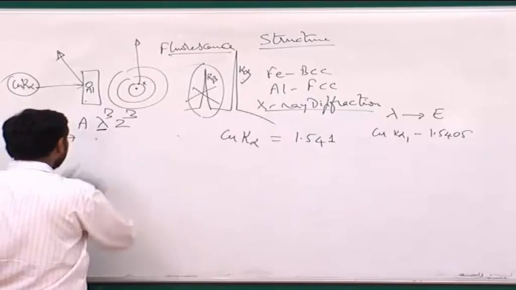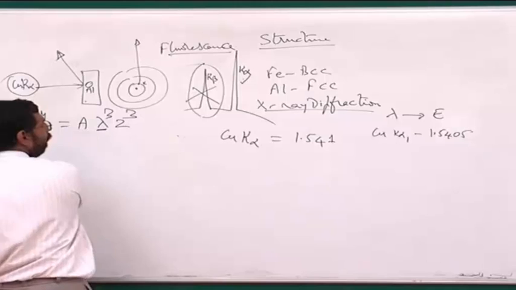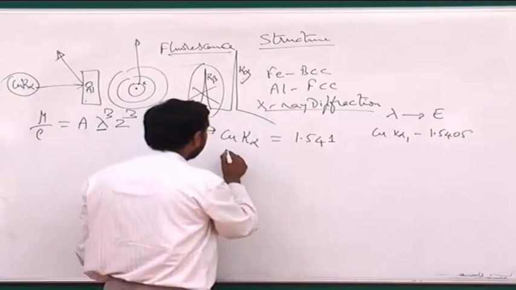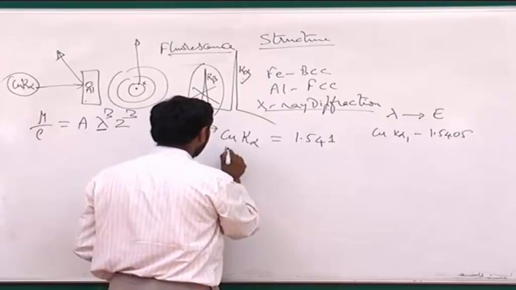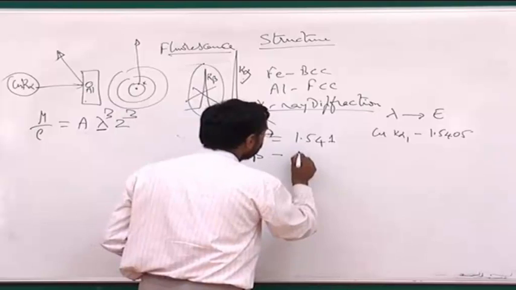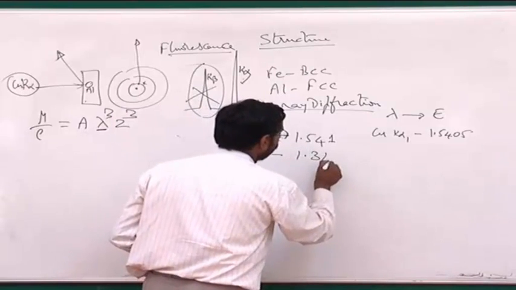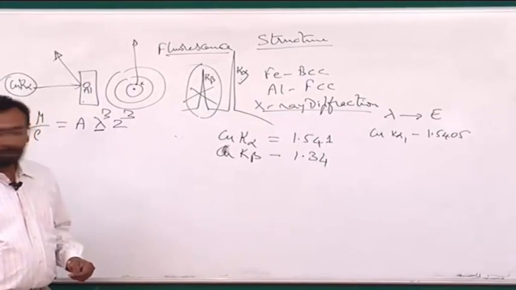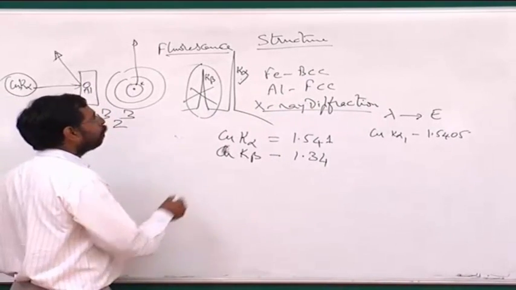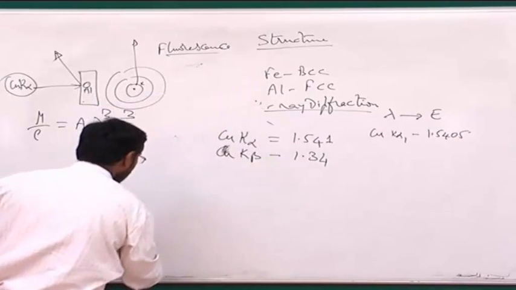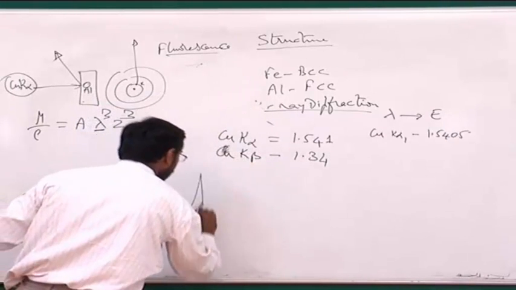For example, copper K alpha is 1.54 and copper K beta is approximately 1.34 or something like that. So what I can do is put a KH. Let's say we have a spectrum with K alpha and K beta.